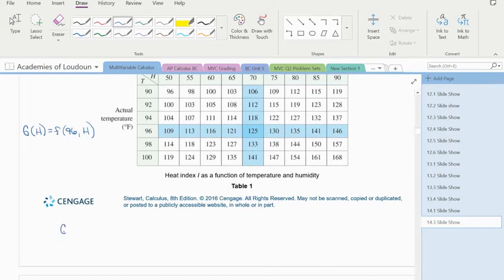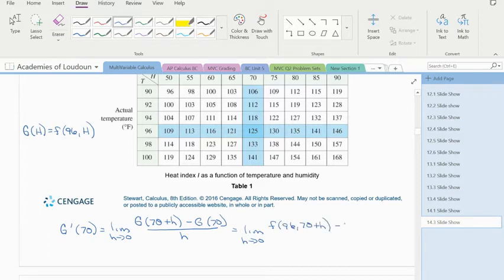Or we have g prime of 70 is equal to my limit as h goes to 0 of g of 70 plus h minus g of 70 all over h, which is equal to my limit as h goes to 0 of f of 96, 70 plus h, minus f of 96, 70, all over h.